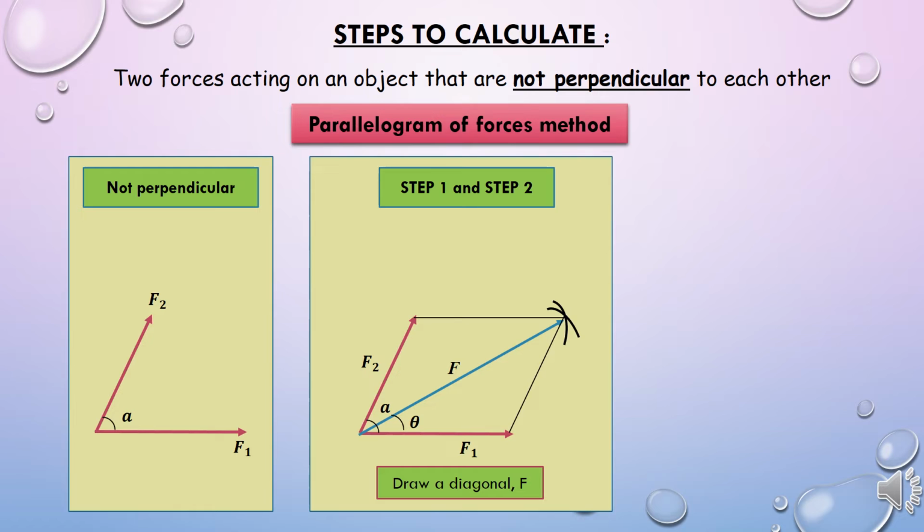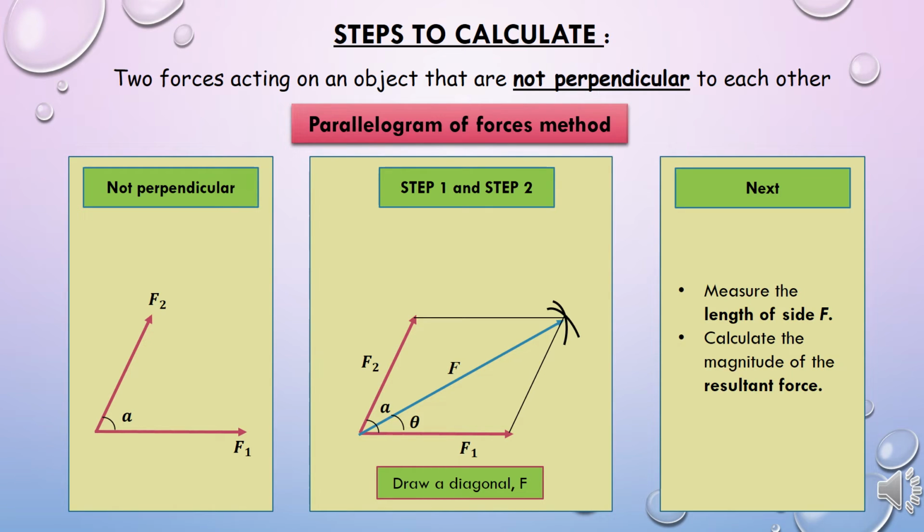Step 2. With the aid of a pair of compasses, complete the parallelogram. Draw the diagonal from the point of action of the forces. The diagonal represents the resultant force F. Then, measure the length of the diagonal and calculate the magnitude of the resultant force using Pythagoras theorem.